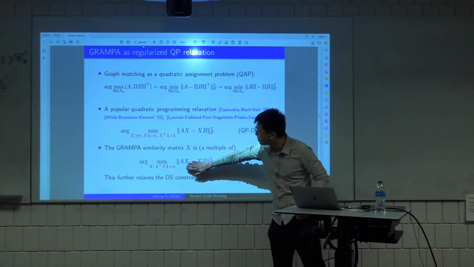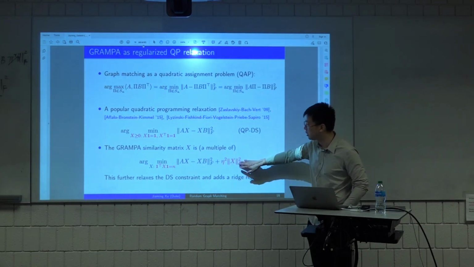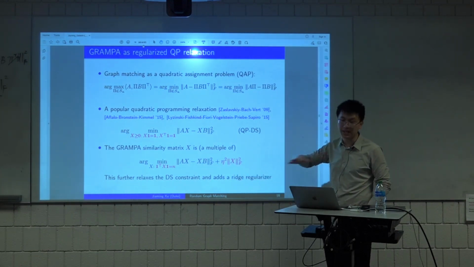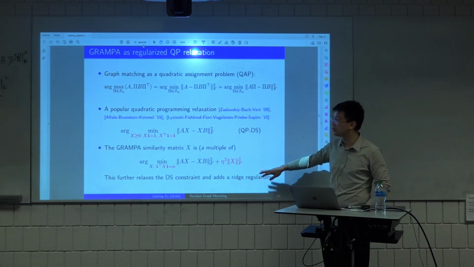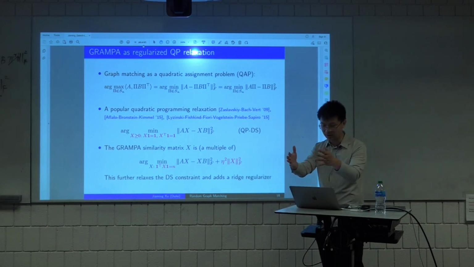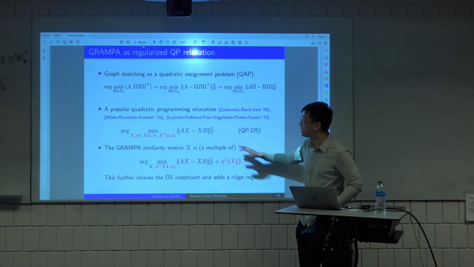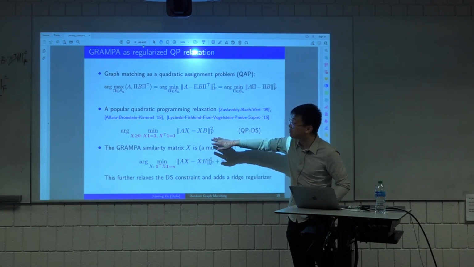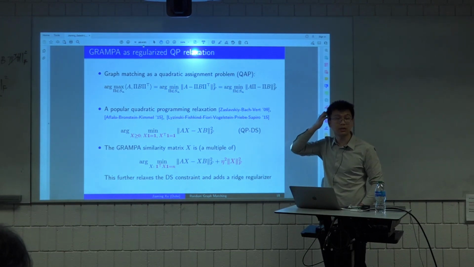So if you don't have this part, if you just want to minimize this subject to the row sum constraint, then the optimal solution is given by this flat matrix, with all the entries 1 over n. So that minimizes the Frobenius norm. It's actually this so-called center of the Birkhoff polytope. But then, yeah, you're right. So for that particular matrix, it definitely will satisfy the doubly stochastic constraint. Yes.